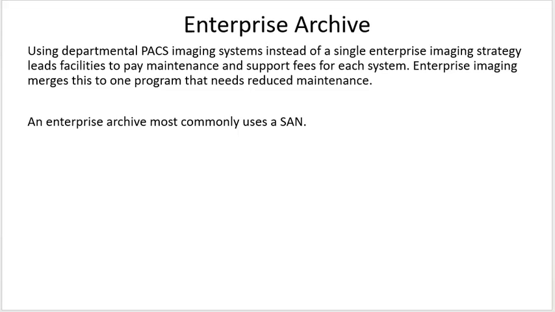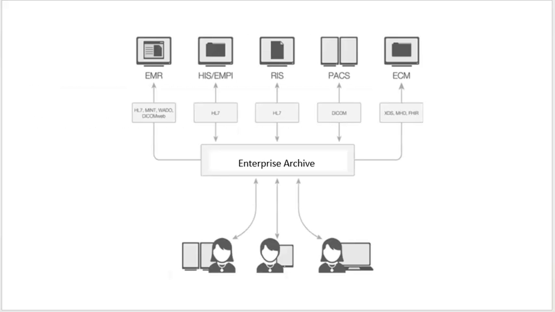And this is most commonly done using a SAN. You would need a storage area network to store all of those images, and all those different networks could connect to it. And you can get really fun and crazy with your enterprise archive. You don't have to just use it for images.